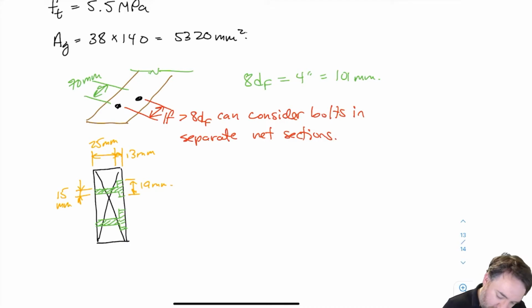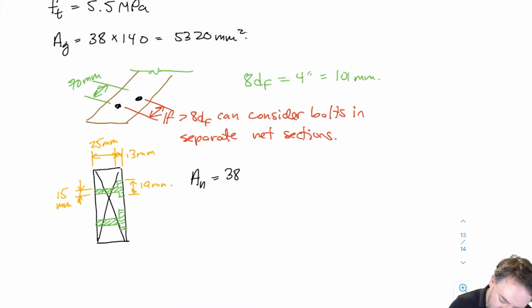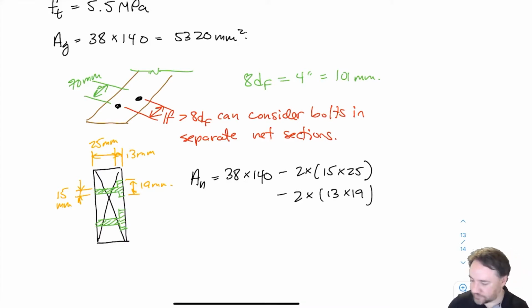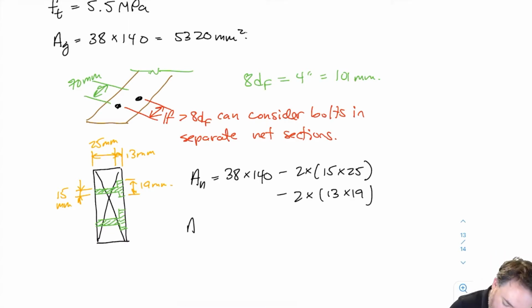Okay, so if I do that, I'm going to find my net area, which is going to be 38 by 140 minus 2 times 15 times 25 minus 2 times 13 times 19. And if I do that, I get that my AN equals 4076.